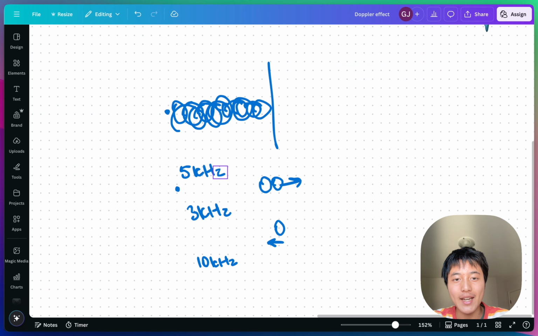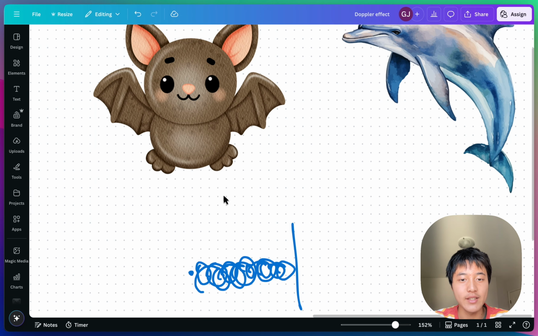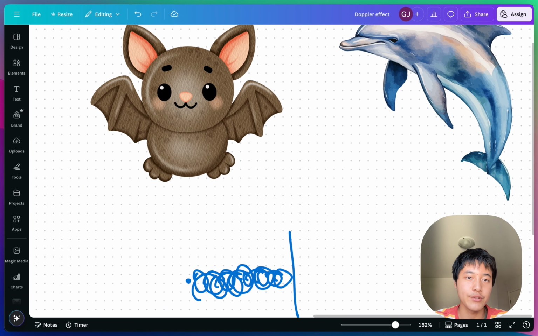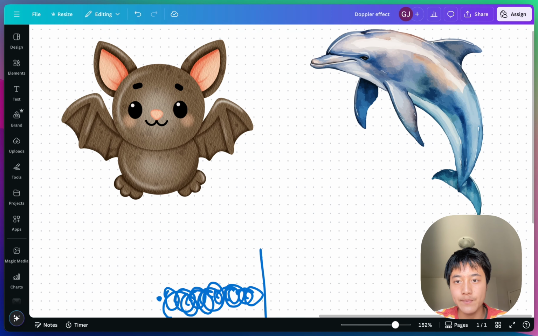But the thing is, we actually can't hear the sounds made by bats because the frequency they emit is higher than the range of frequency that we can hear, which is like the max that we can hear is like 20,000 hertz, I think, and they go higher than that, so we can't hear it unless we have special instruments.